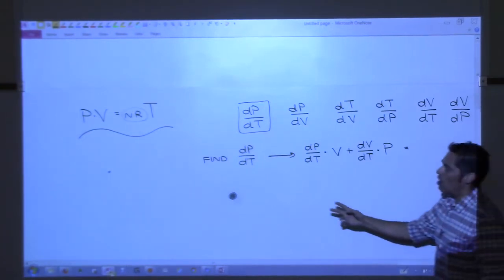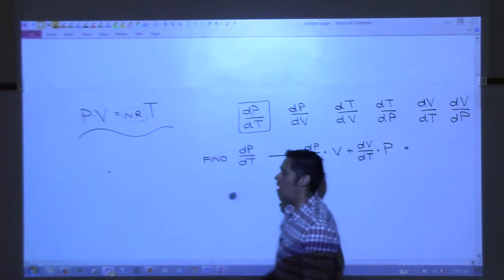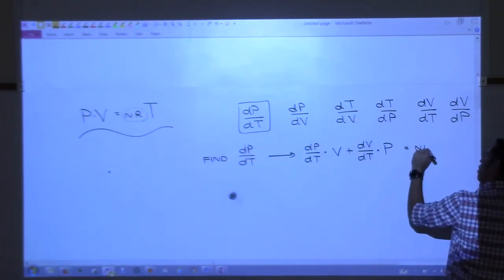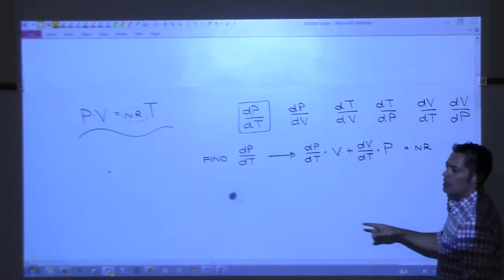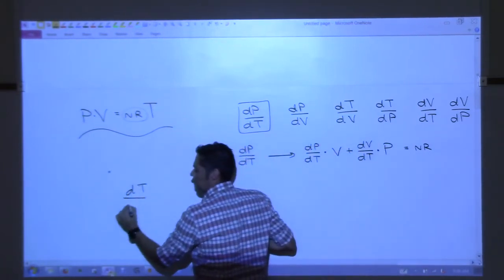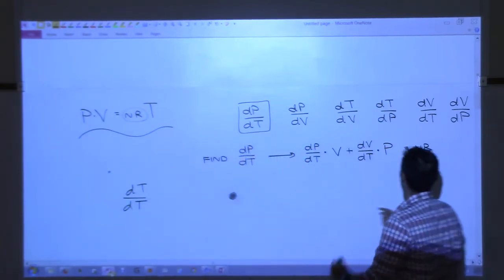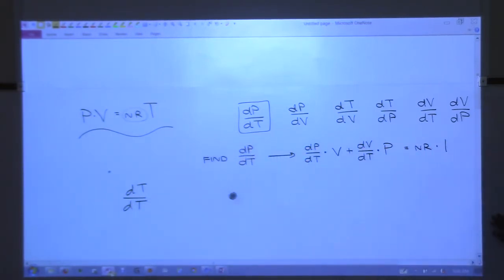Okay, N times R is a constant, so it's just going to come for the ride. NR. And now, what is the derivative of T with respect to T? 1. Right? There's where you get the 1. Understand?